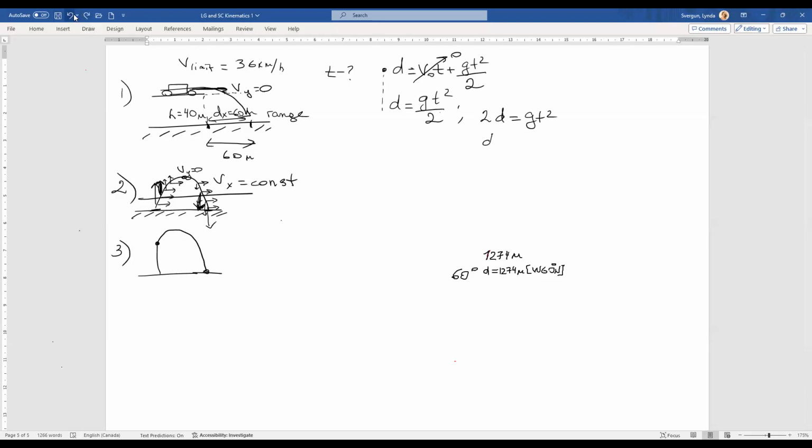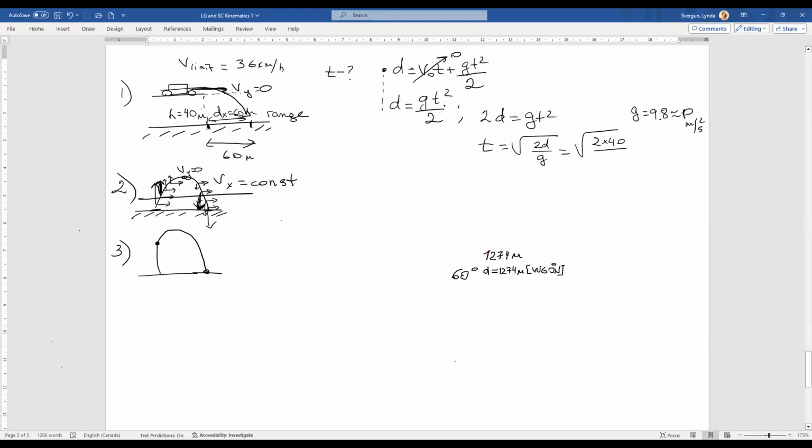Okay, so to get rid of the denominator, we can multiply both sides by 2. So the fraction disappears. Now how to get time? Divide both sides by g and take the square root. The height of that bridge from the ground, from the river, is 40 meters. So twice 40. And we can round g to 10 meters per second squared.